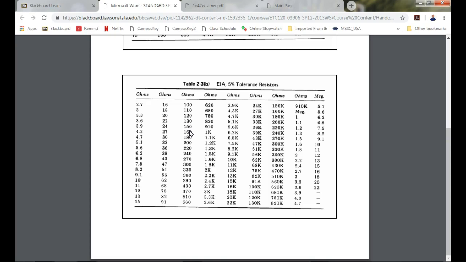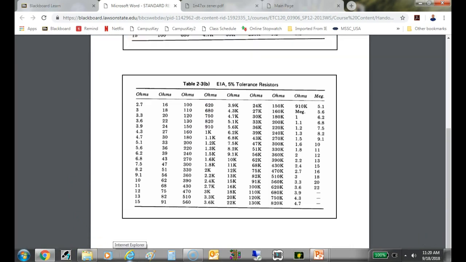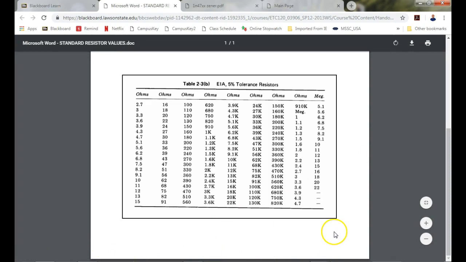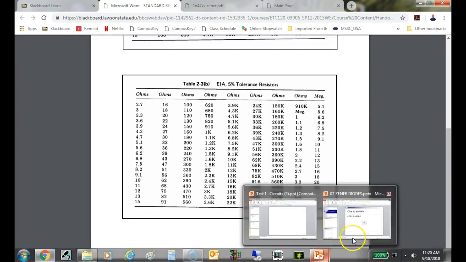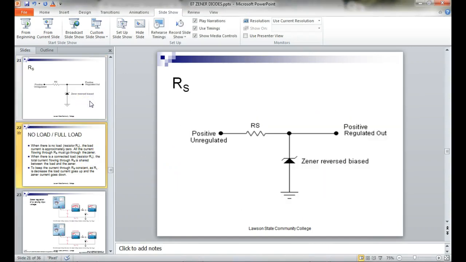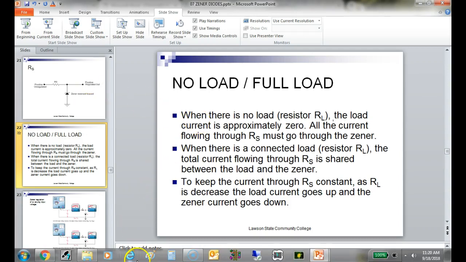So what would be the wattage rating of the resistor? When I buy a resistor, I just can't buy a 160 ohm resistor. I have to specify what? The wattage rating. So what wattage rating would I use? I could use a 10 watt, but I'd be spending a heck of a lot of money. So what wattage rating would I use for my resistor?